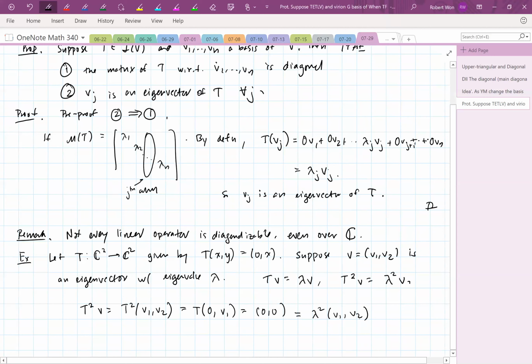And remember, I was assuming that V is an eigenvector, so V is not the 0 vector. So it's a non-zero vector, but when you scale it, you get 0. That must mean that the scalar is 0. Okay, so what this shows is that 0 is the only possible eigenvalue of T.